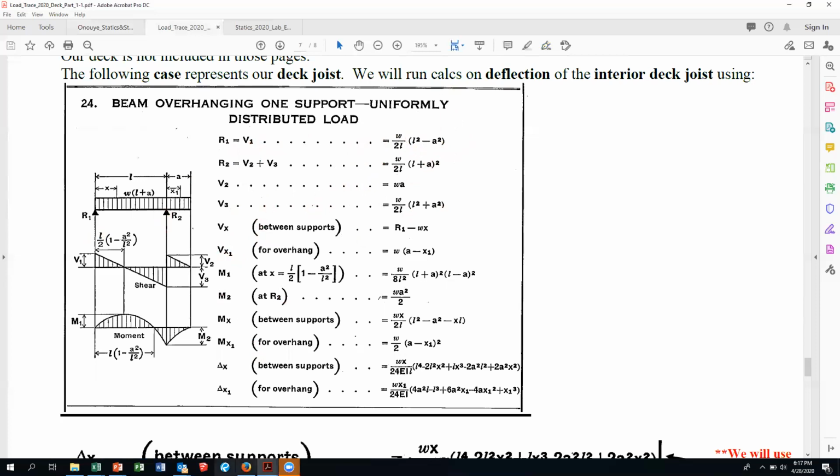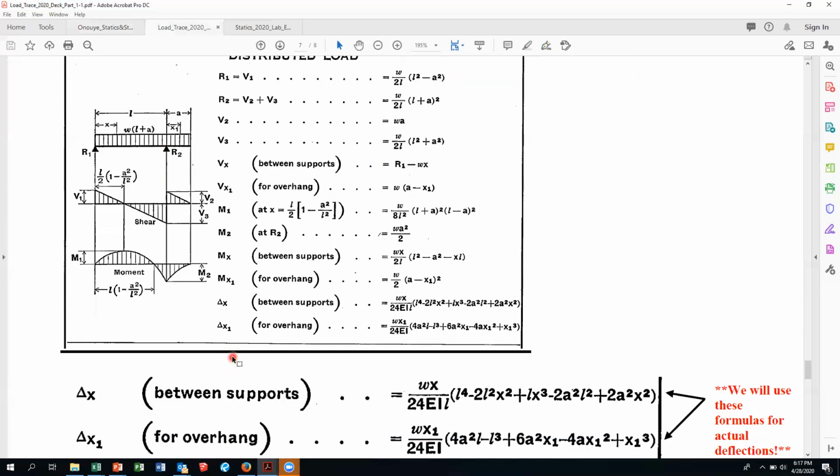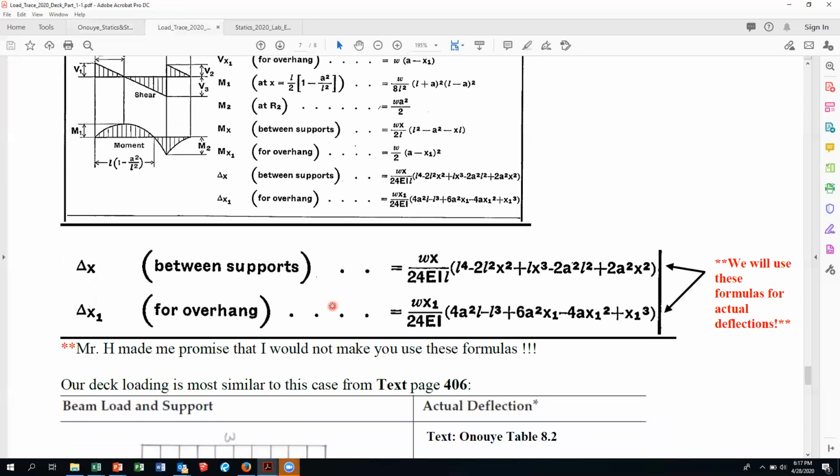So if you look at this, this is out of the code book. Can't remember which book I got it from, but again, delta X right here, these two formulas are blown up right here.